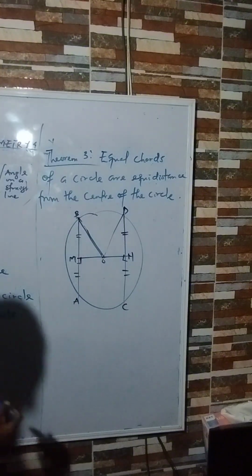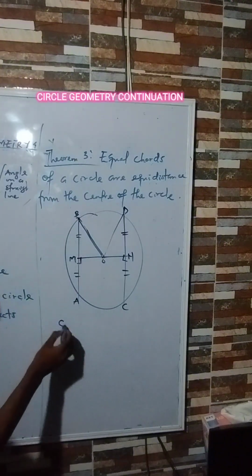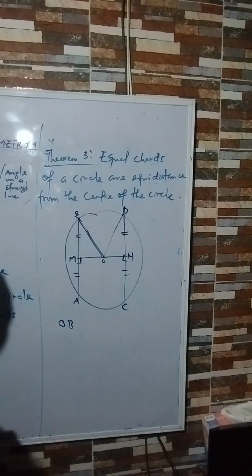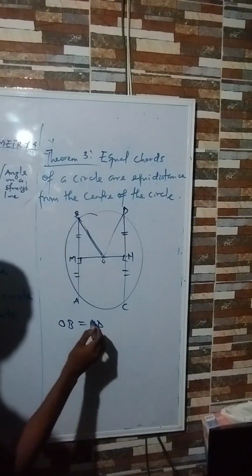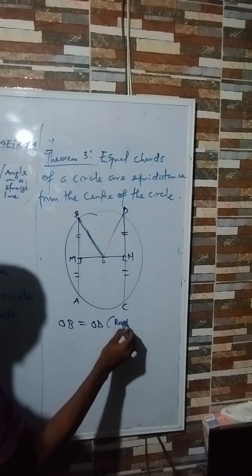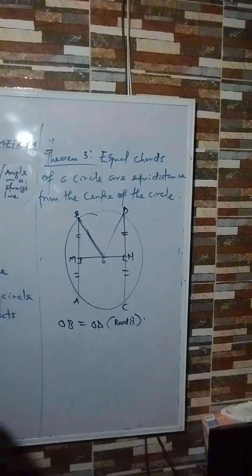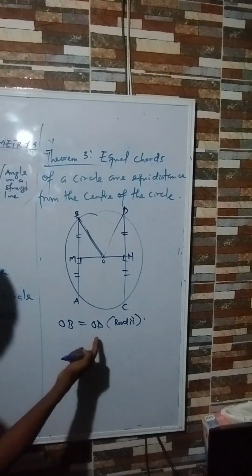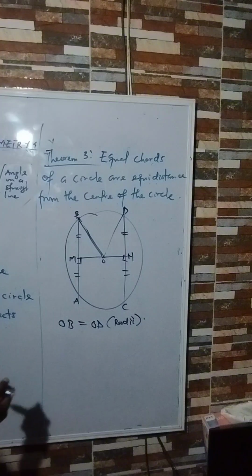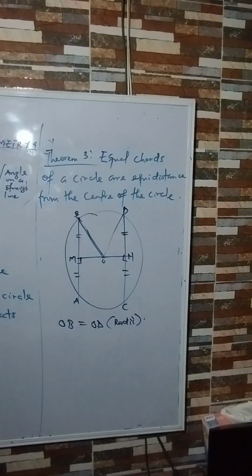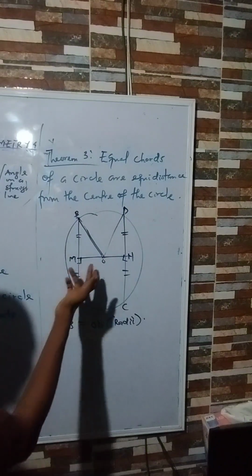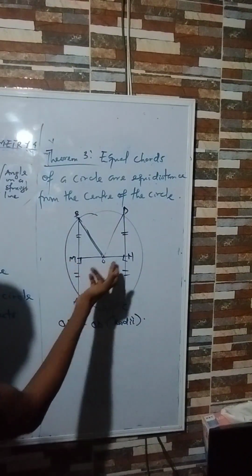So by statement of fact, we know that our OB here is equal to OD. That's our radii there. That is the radii in this question. Our OB is equal to OD. That's the radii. If our OB is equal to OD, now definitely we should know that our OM should be equal to what?